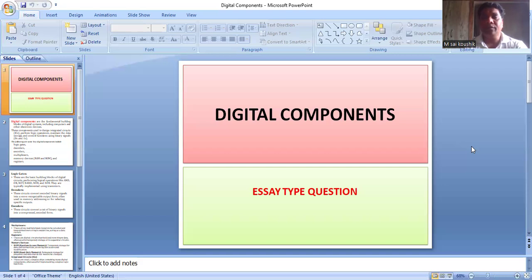When we carefully observe the structure of the digital computer, we have to maintain the data and information in some kind of blocks: input block, output block, process block, control block, and a memory block.